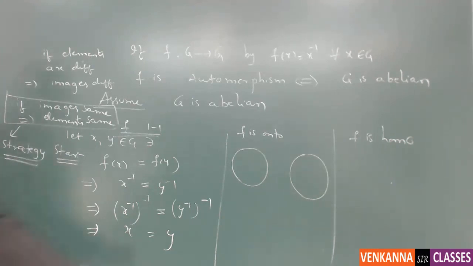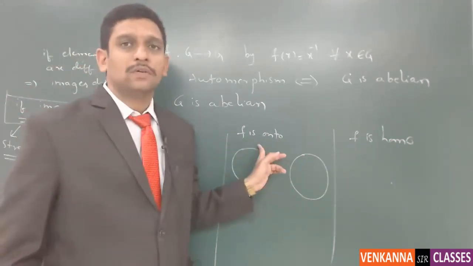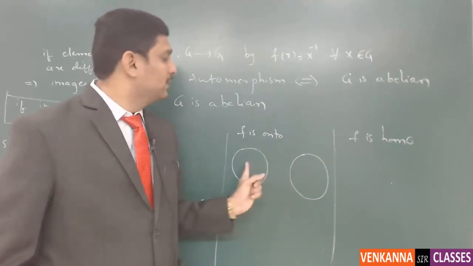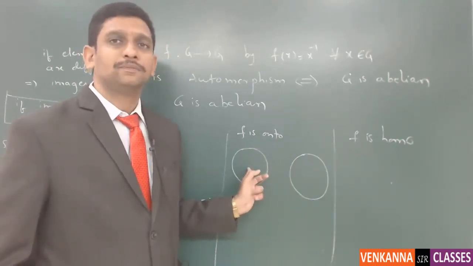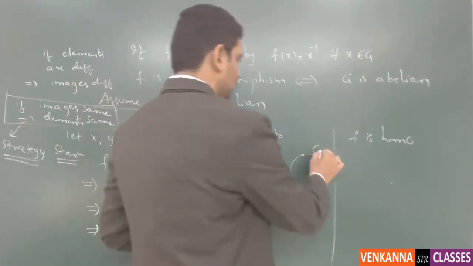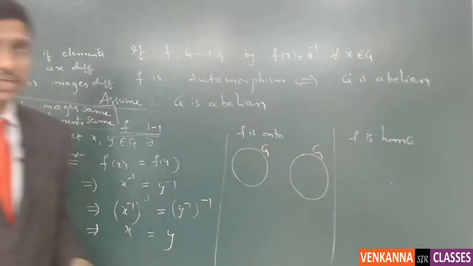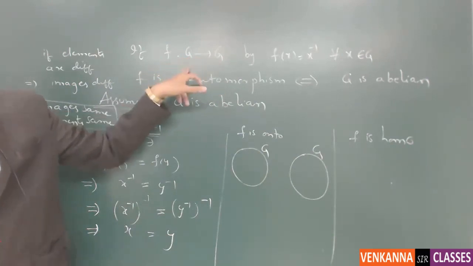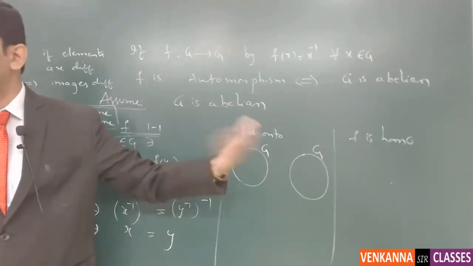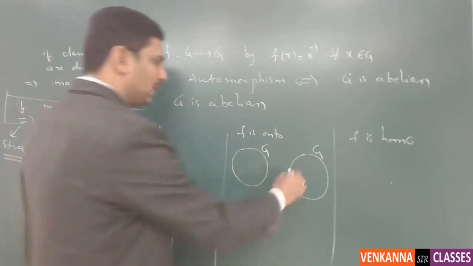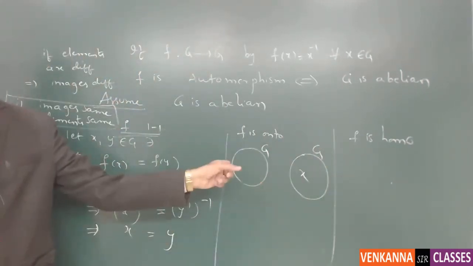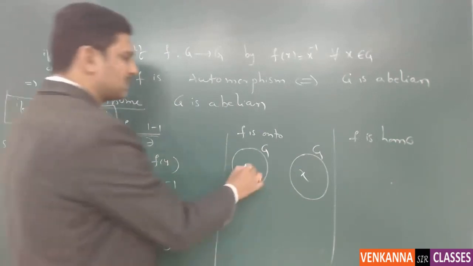Right. So for every element in codomain, we have to find an element in the domain. So here we need to understand that the function is from G to G itself. So it is a function on the same set. So if you take an element X in the codomain, the corresponding pre-image is nothing but X inverse.